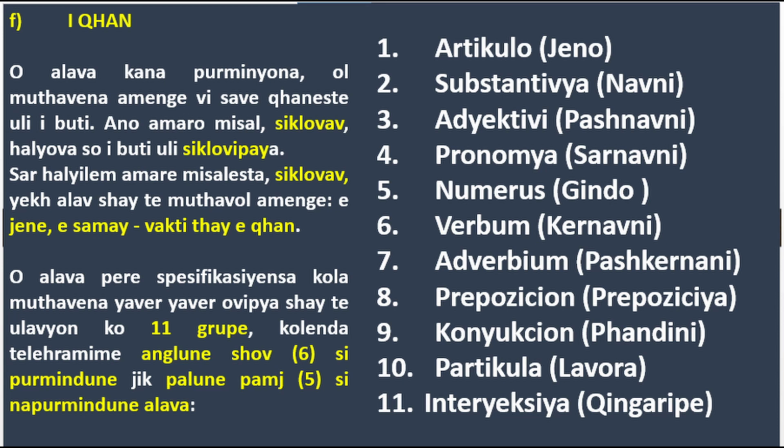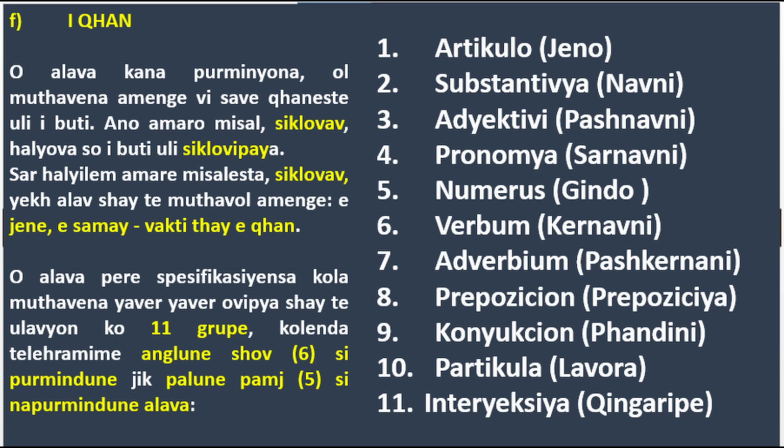Words may be divided in 11 groups, based on the specifications they express. The first 6 listed below are words with inflectional endings, flexional, whereas the last 5 are independent words. 1. Articulo, geno, article. 2. Substantivia, navni, noun. 3. Adjectivi, pashnavni, adjective. 4.